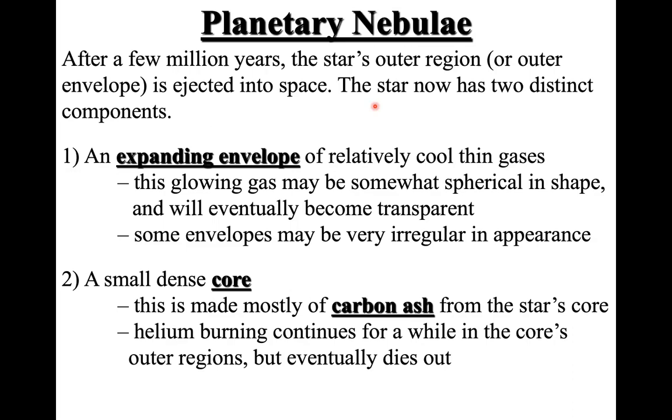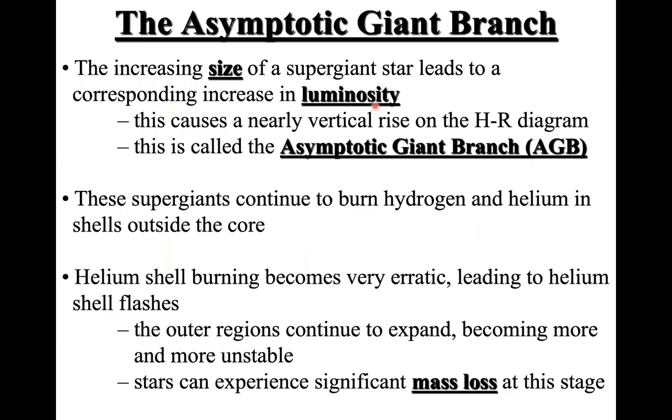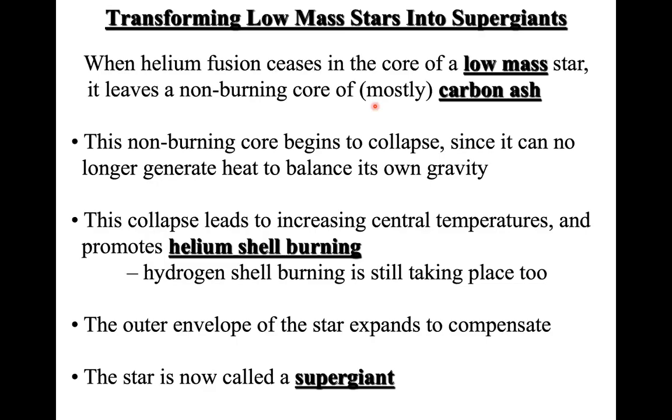Now, just understand again what happens here. If I go back to this particular phase, for the low mass stars, you have a non-burning core, which consists mostly of carbon ash. And apart from that, this helium shell is actually burning.